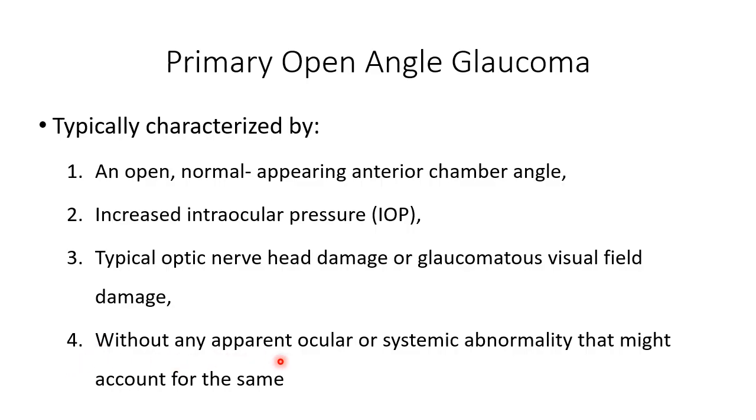Lastly, without any apparent ocular or systemic abnormality that might account for the same. If an ocular or systemic abnormality is causing the glaucoma, it becomes a secondary glaucoma. So, no apparent cause, open angles, elevated IOP, and signs of the optic disc or the optic nerve head damage or visual field loss. That is the 4 characteristic features of primary open angle glaucoma.